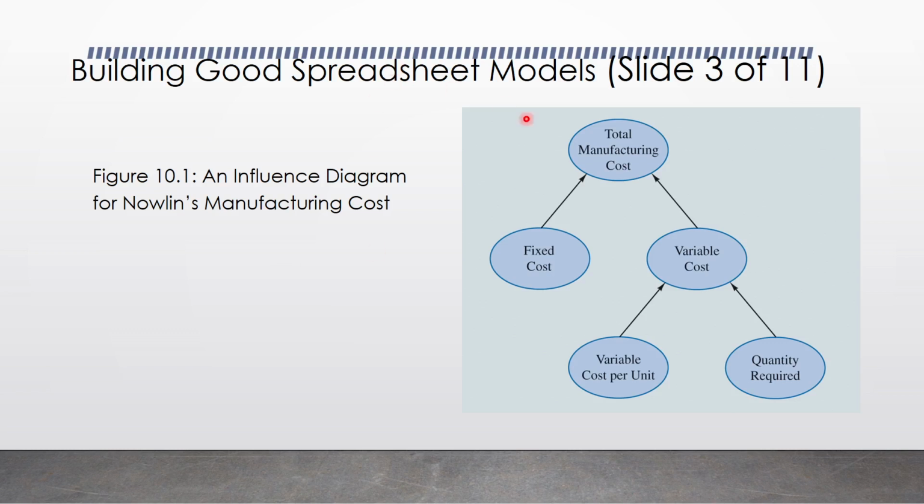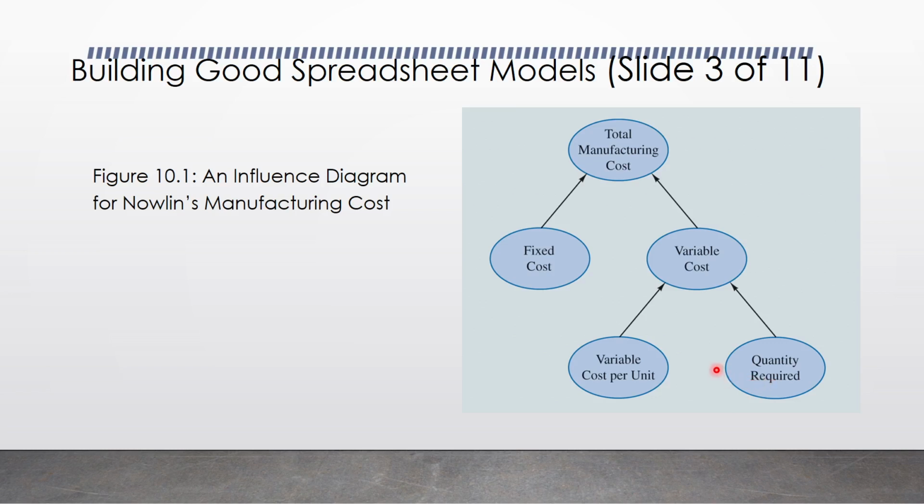Total manufacturing cost depends on fixed cost and variable cost, which in turn depends on the variable cost per unit and the quantity required.